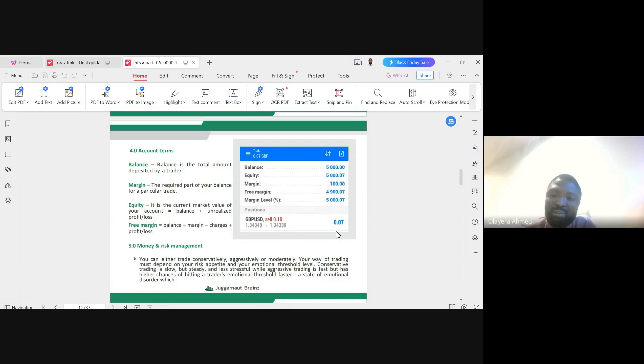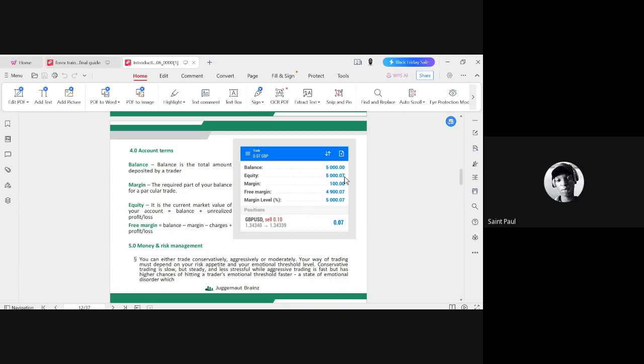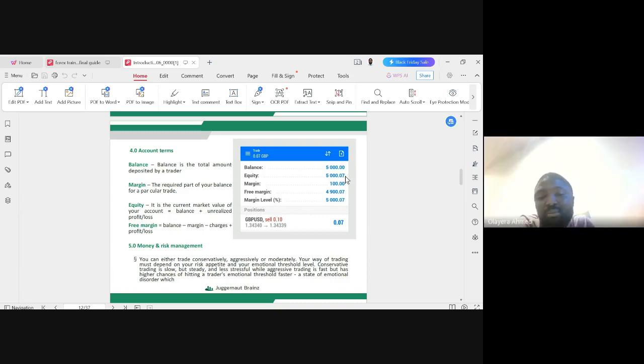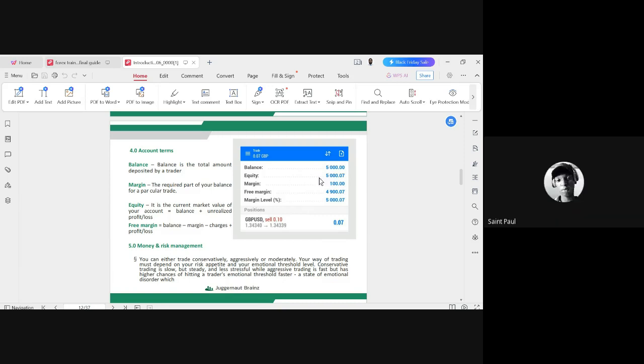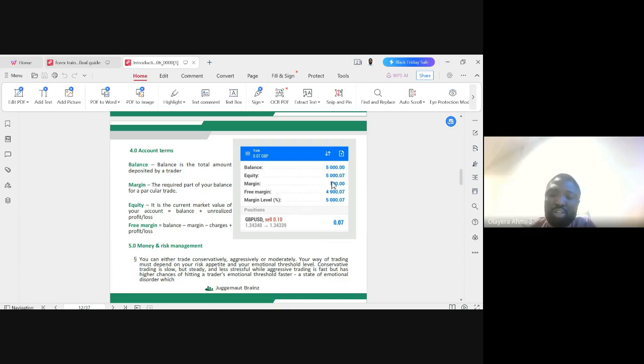Balance plus 7 cents is now 5,007 cents. So as my profit increases or decreases, you see that equity will keep on changing. So that's what equity means.